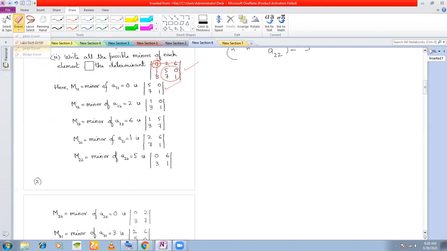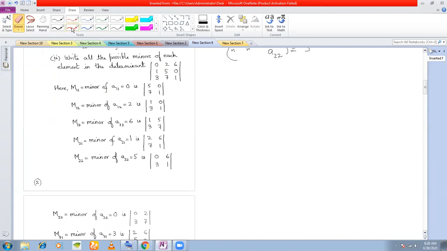Next, if I want to evaluate the minor of this element, what am I going to do? I'm going to hide this column and this particular row. So I'm left with 1, 3 and 0, 1. This is the determinant I'm going to get.